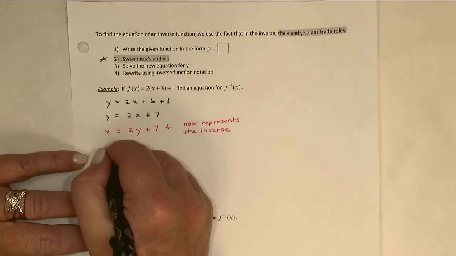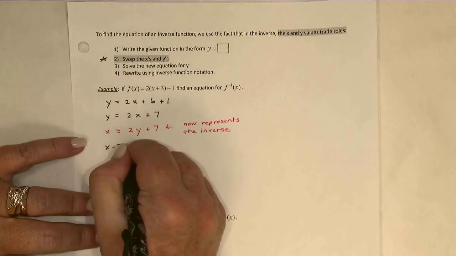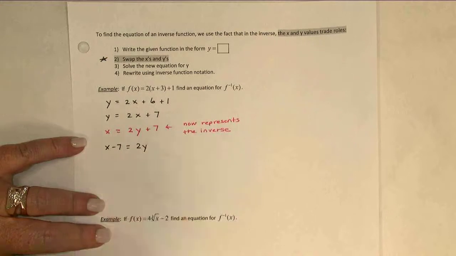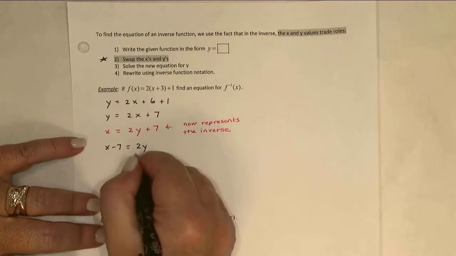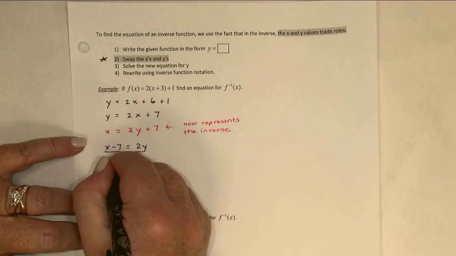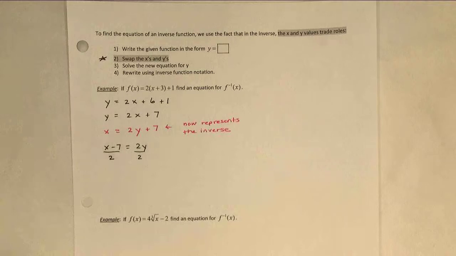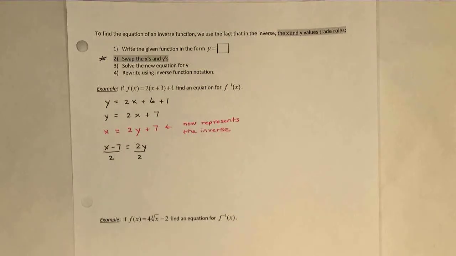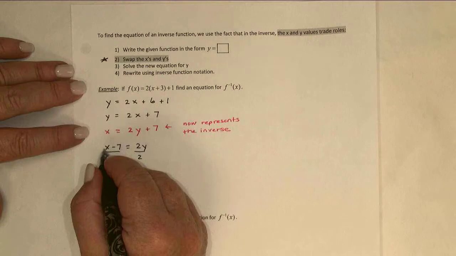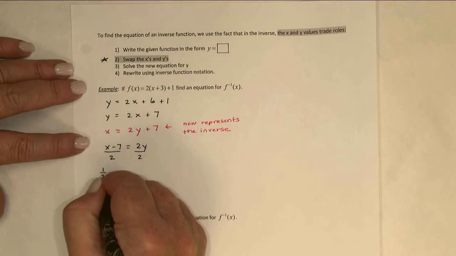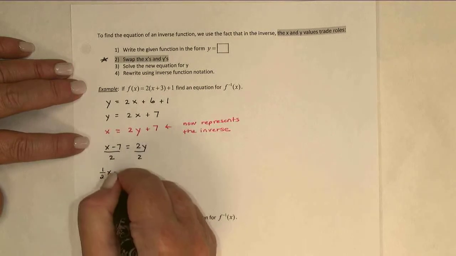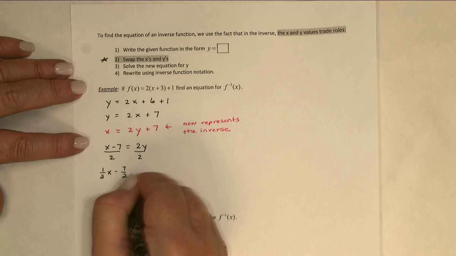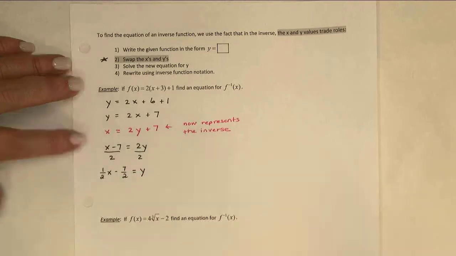So I'm going to do that. I'll subtract the 7, and then divide by the 2. And there's really nothing wrong with that fractional notation. If you want to, though, of course, you could split it up and say that would be 1/2 x minus 7/2 equals y.